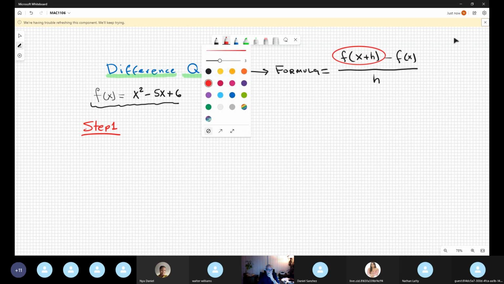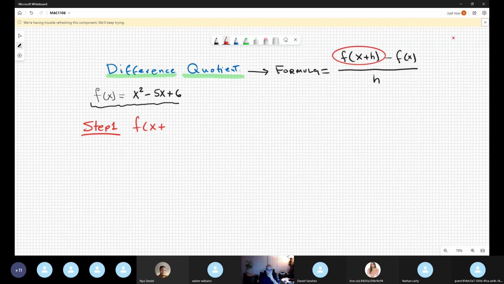Okay, so now I copy f of x plus h. In function notation, this is equivalent to saying you replace x with x plus h. So, x plus h squared minus 5 times x plus h plus 6.